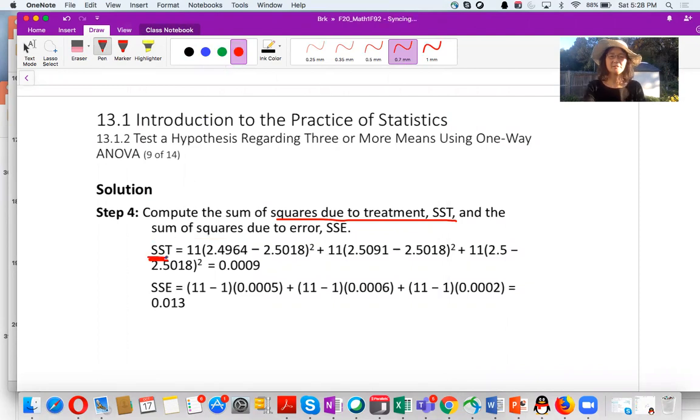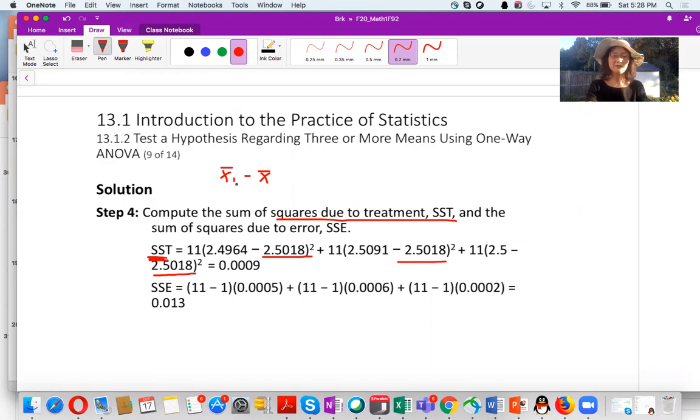SST due to treatment means we use the sample 1 mean x1 bar minus the overall mean x bar. Remember the overall mean x bar is 2.5018. It means you add all the 33 data together, divided by 33, and that number is x bar.